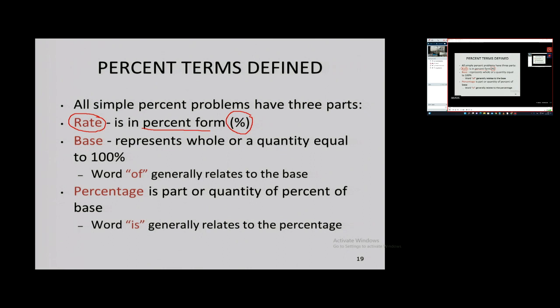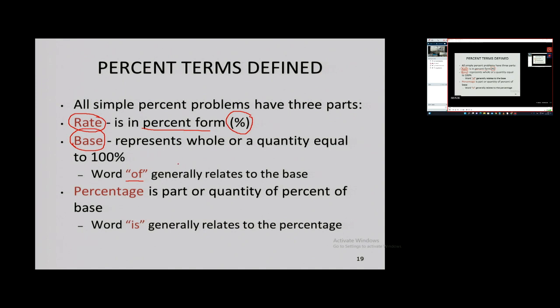Now, the base, the base number, is the 100% of the problem. But you'll be able to know that the number is the base when you see the word of. After the word of, you will see the base.